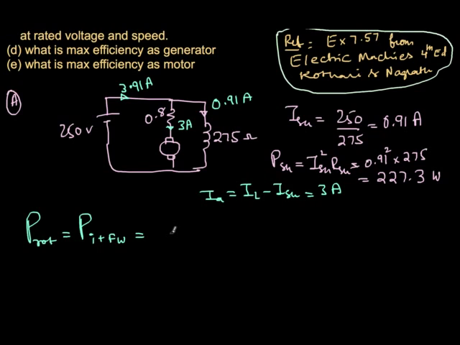So that is nothing but 250 volts into 3 amperes minus 3 square into 0.8. So this is the total input to the armature, this is the armature copper loss. Then from that I will be getting the rotational losses.